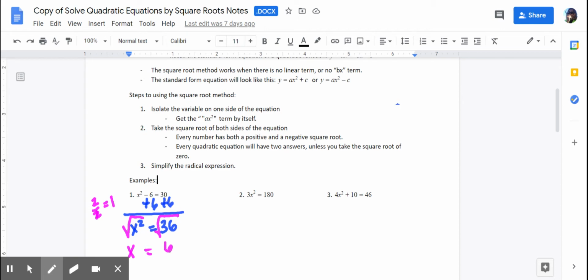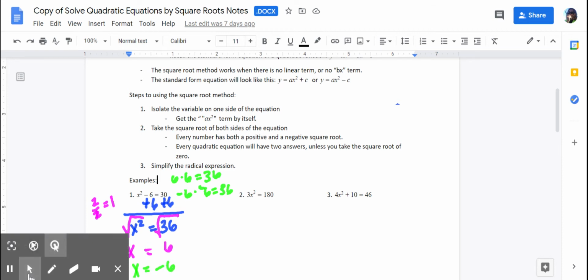There are actually 2 things that we can multiply together to give me 36. I can use 6 times 6, which will equal 36. Or I can use negative 6 and negative 6, because a negative times a negative is also a positive. So my 2 answers here are going to be x equals positive 6 and x equals negative 6.